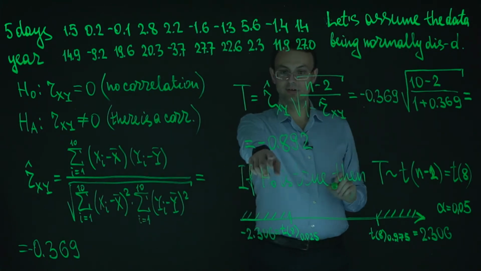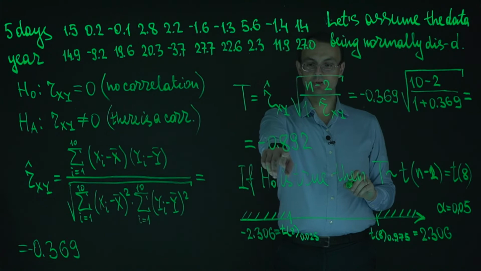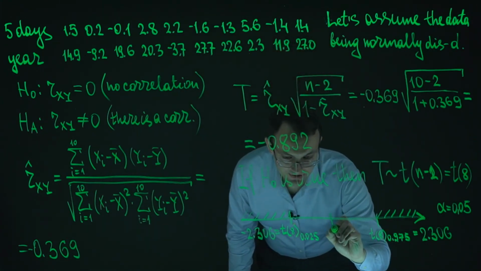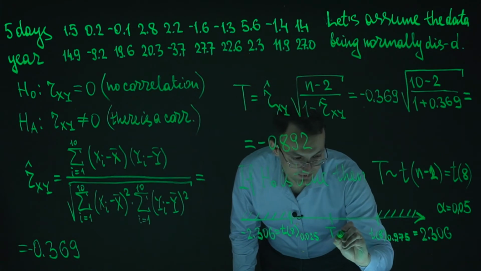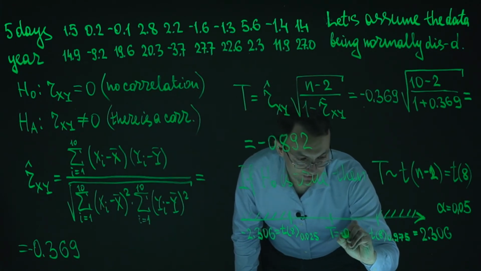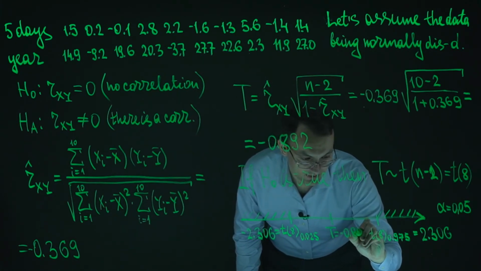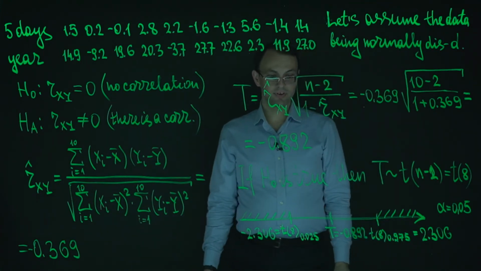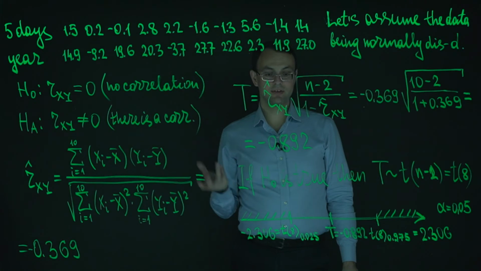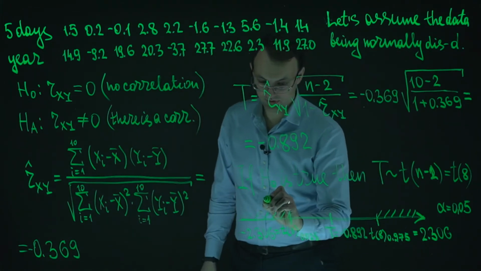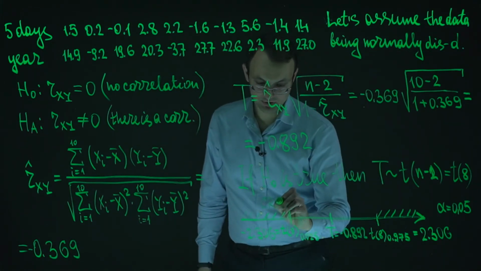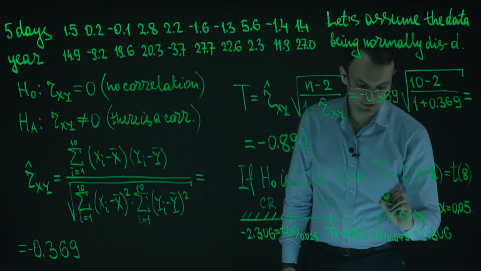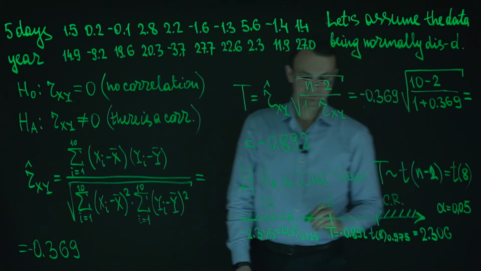And we got minus 0.8910. Our T is minus 0.892. So the test statistic is in the acceptance region. So this is the critical region, this is the acceptance region, this is the critical region.